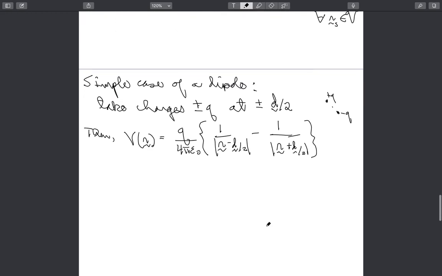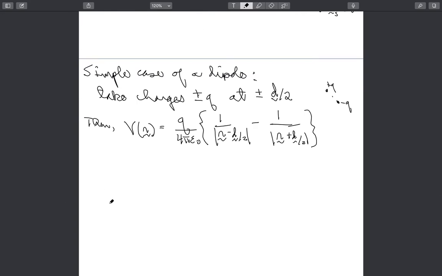Okay, and now let theta be the angle between r and d.